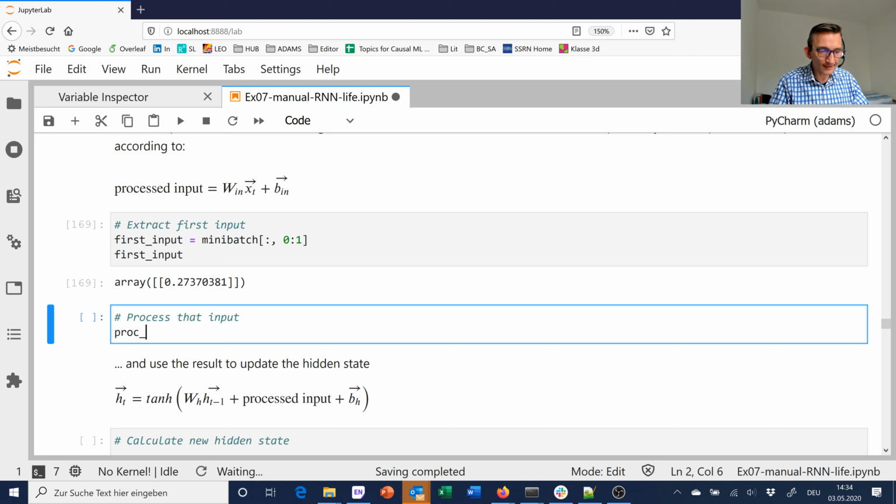So the first step was to process this input. So now we calculate this equation here, W in times xt plus B in. So the processed input is the dot product of our input value x and W in, our weight matrix, plus the bias B in.